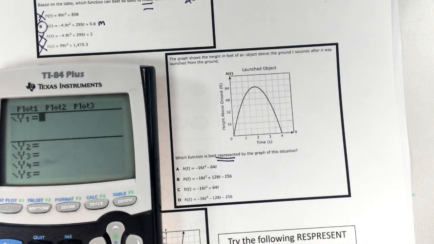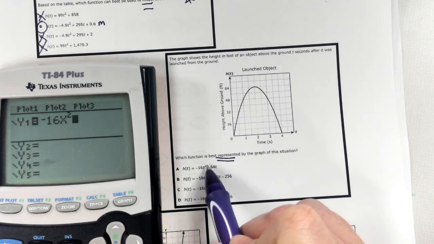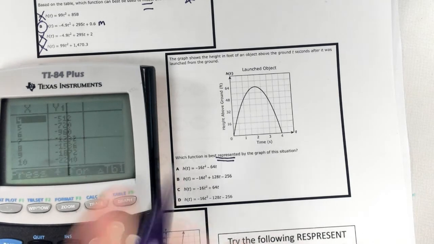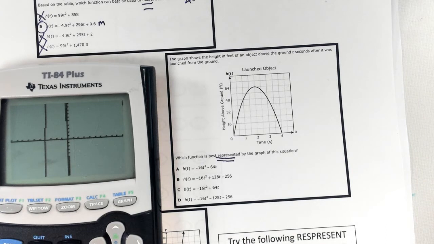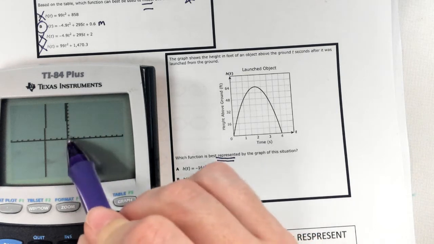Okay, so let's type that first one. Remember, you're using negative at the beginning. Negative 16t squared minus 64x. Oh, graph. Now, one thing I want you to realize is we can change our window, but even if we don't, we're only looking here.